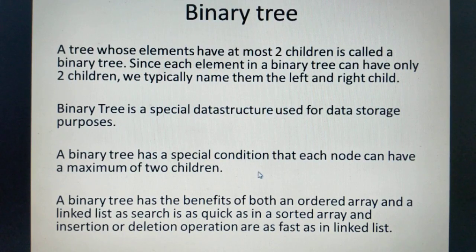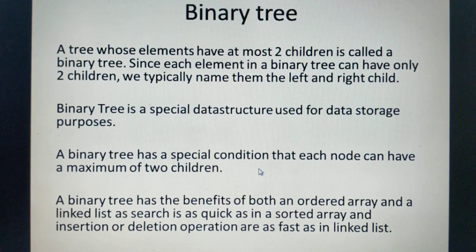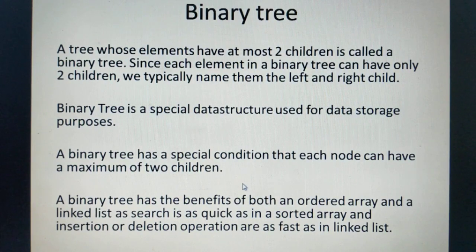We can segregate a tree and a binary tree by understanding this special condition, that is, each node in the binary tree can have a maximum of two children only.